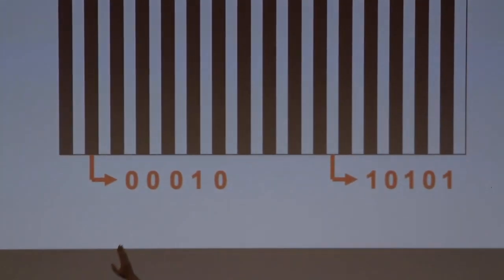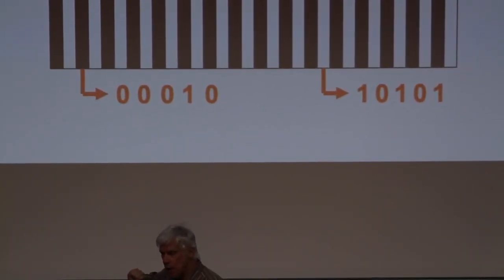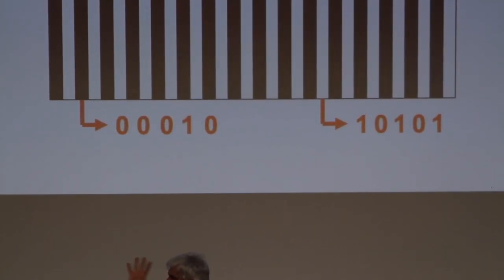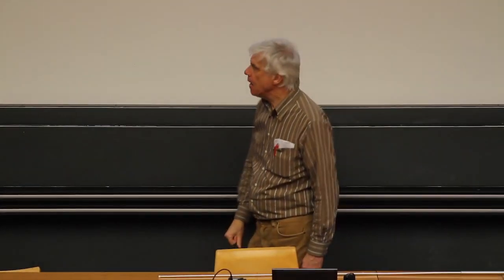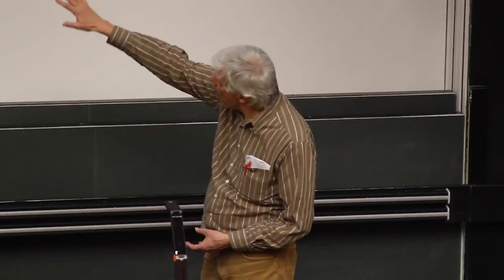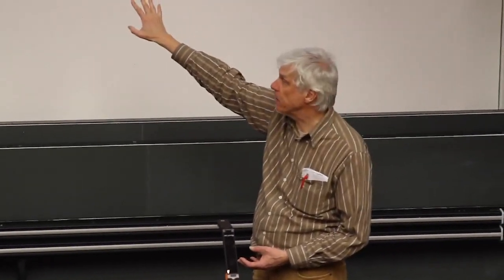In fact, all these black-white and white-black transitions correspond to planes that are shot out into space. So if you know on which transition we are, we have the equation of the corresponding plane, and we can do the triangulation. So the code is telling us where we are in the pattern.